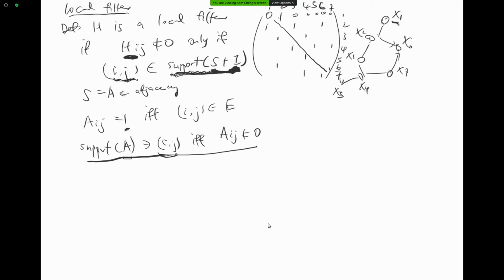What I mean is the H can have diagonal elements be non-zero, and also only when there's an edge in the graph will we allow a non-zero value for hij. So is that clear?